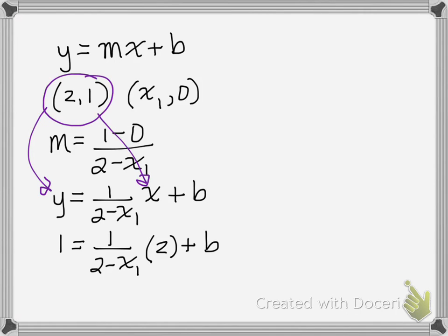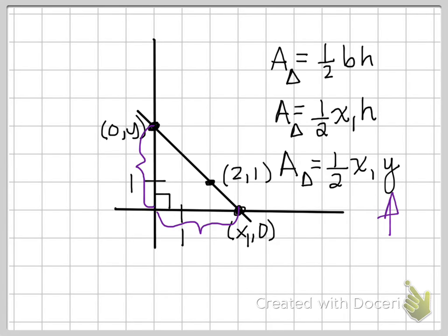Do you see that? Now, can you see what's going to happen next? I've got this equation with an x1 and a b. And back here, the b is the y-intercept of that equation, which is going to give me my y, the height. Do you follow that? If you don't, stop and think about it for a half minute and see if you can make sense of it. And let's go back.